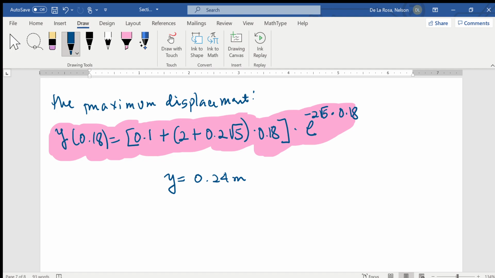So responding to the question, what is the maximum displacement from equilibrium that it will attain? The maximum is 0.24. And this concludes the solution.